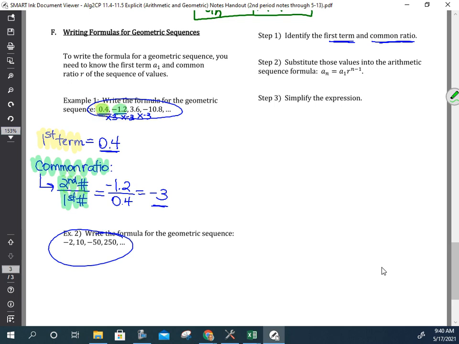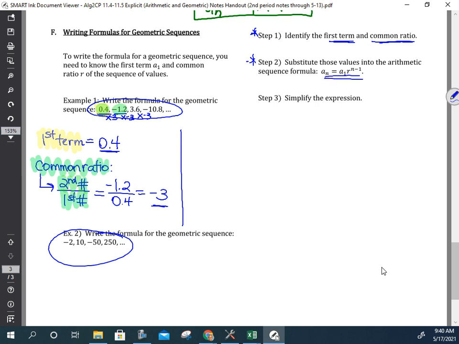That will tell you what everything is being multiplied by. That's the first step. Second step.